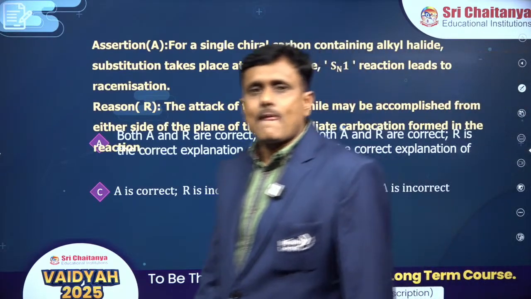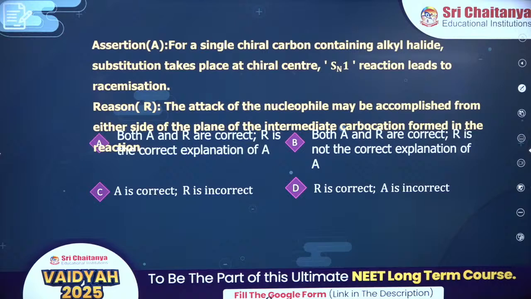Next, optical activity. It's a statement based question, you can easily read. For a single chiral carbon containing alkyl halide, substitution takes place at a chiral center. SN1 leads to racemization. You know that.